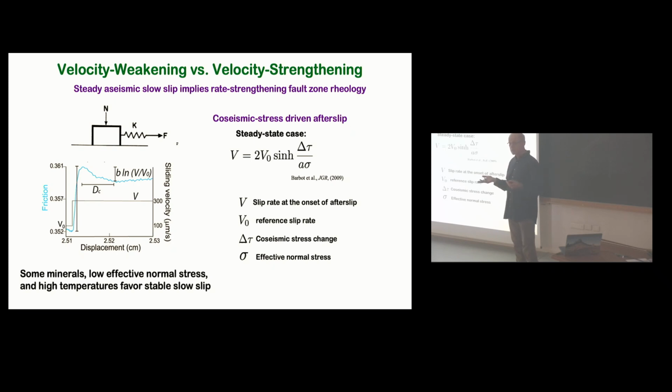So there's more going on in the whole earthquake cycle system in plate boundary faults. There's viscoelastic relaxation, pore fluid flow, etc. But I will focus in this talk on the slip behavior on the fault and how these velocity weakening, velocity strengthening, seismic, aseismic portions of the system behave.